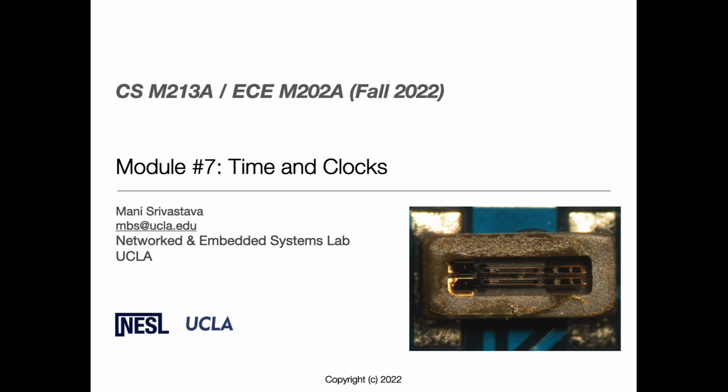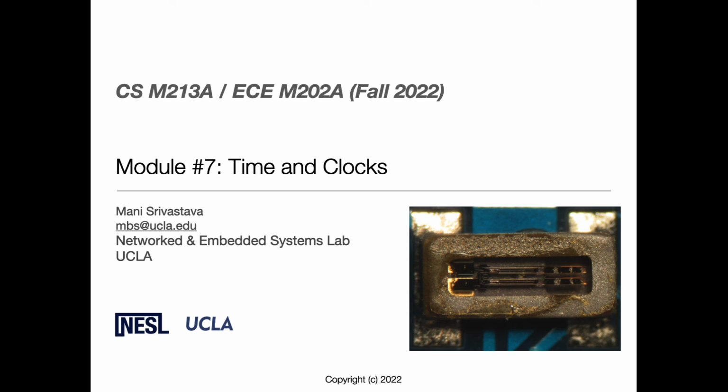So now, change of gears. One thing which embedded systems rely on extremely heavily is the notion of time. The other thing they rely on very heavily is the notion of location or space. These two, along with energy, are the building blocks of any embedded system.